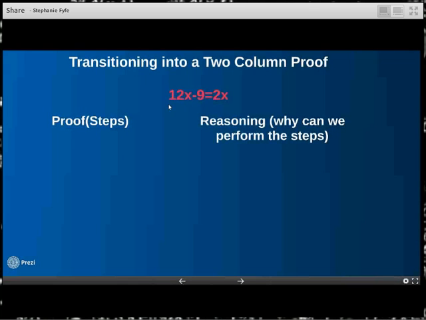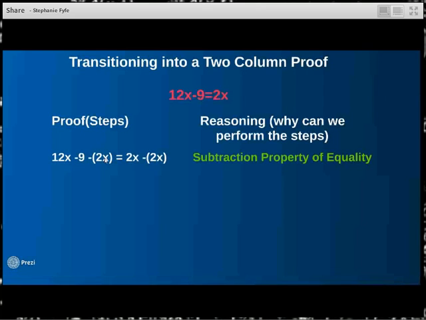So if I had this problem, 12x minus 9 equals 2x, I know that I can subtract that 2x from both sides. Now, in math, we need to prove it, so you really have to say the why. So this is like if this, then this, because of this.